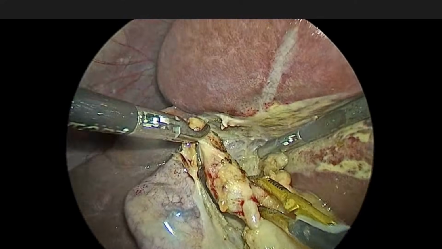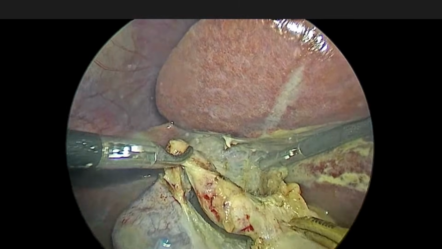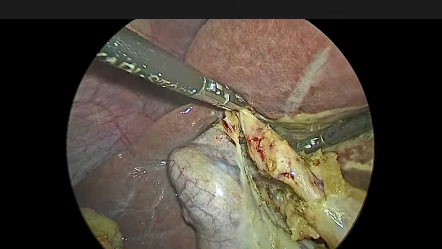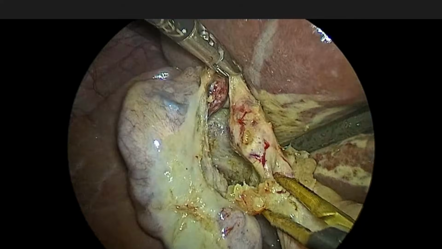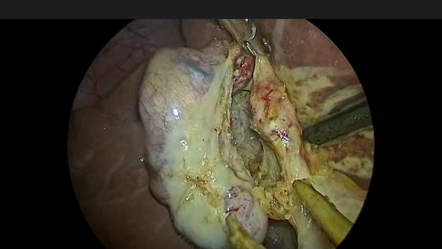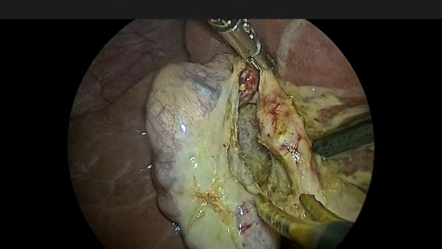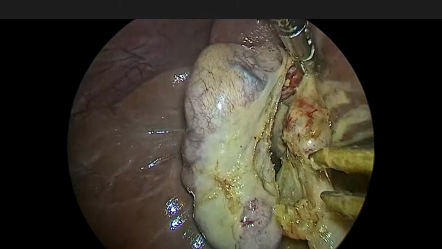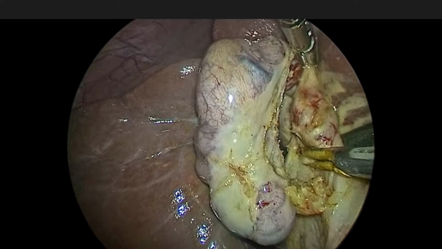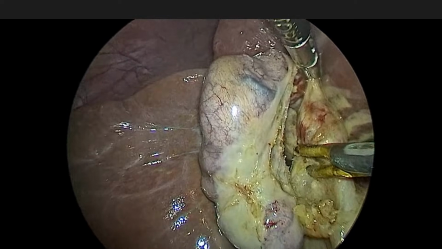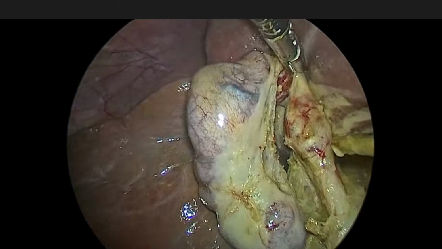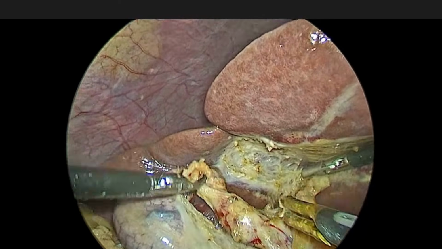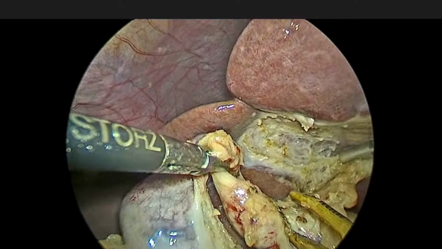On the posterior aspect, we stop dissection because sometimes due to pool of fibrous adhesions, the bile duct comes here, and on the upper aspect also considered the similar problem, so we did not try to complete the division of those apparently fibrous tissues.